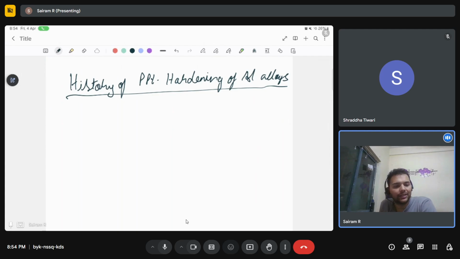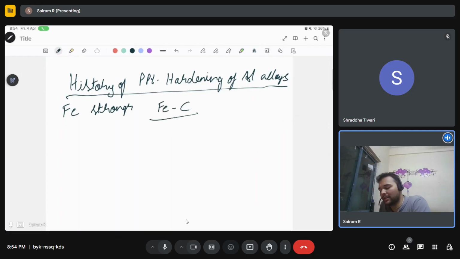Scientists found out that iron became stronger when they added a particular range of carbon to it, which is the steel as we know. So steel is much stronger than simple iron.